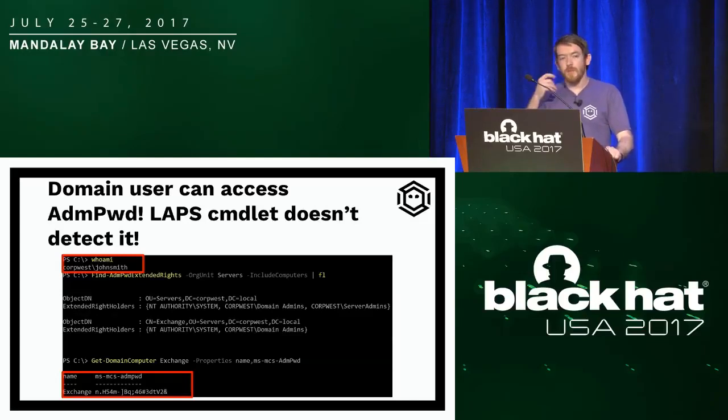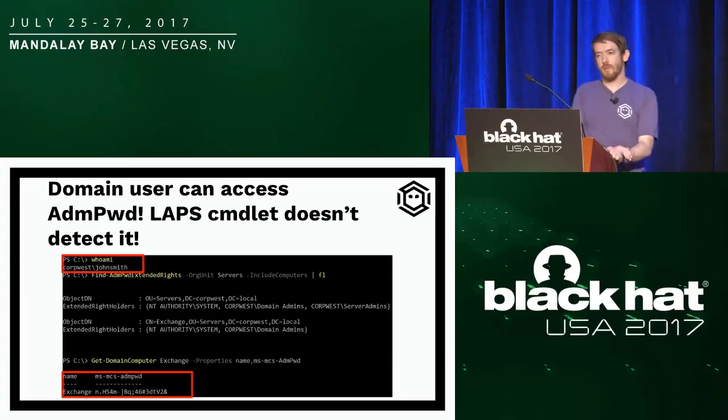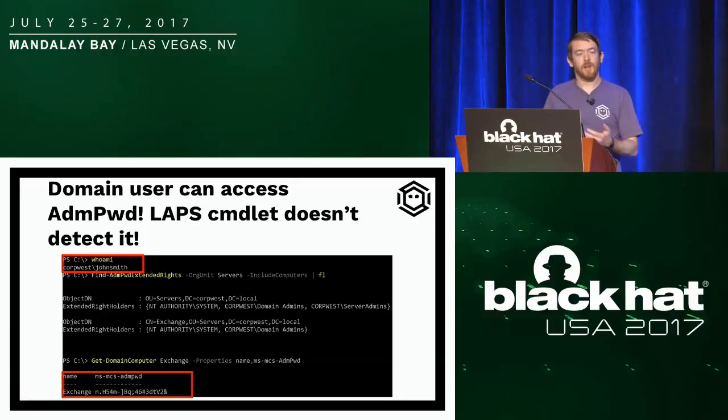But the official commandlets don't actually show John Smith as a delegated access holder. So you could set this right on these computers that have LAPS installed, and everyone thinks it's protected, and your administrator or your attacker account has the ability to read the local admin password and recompromise any of those machines at will.